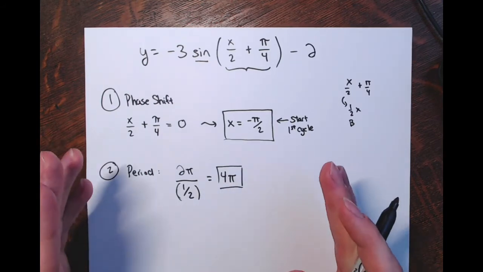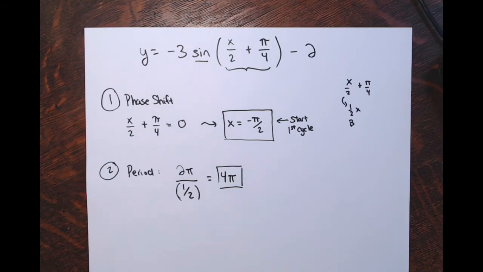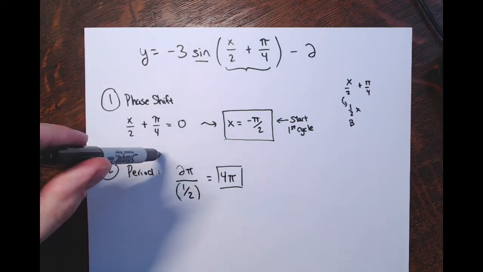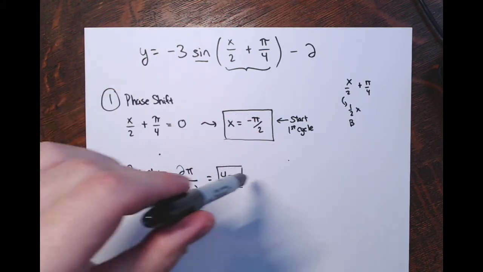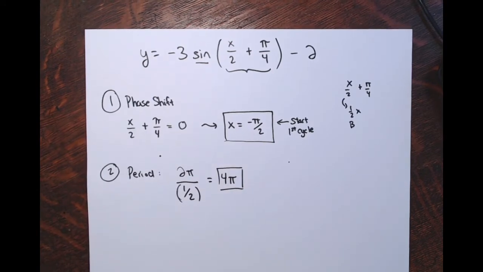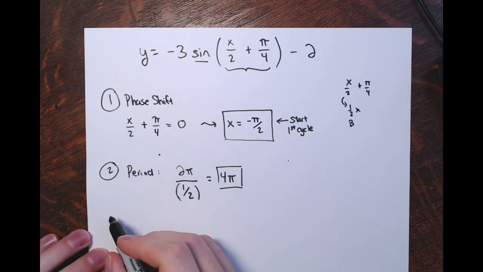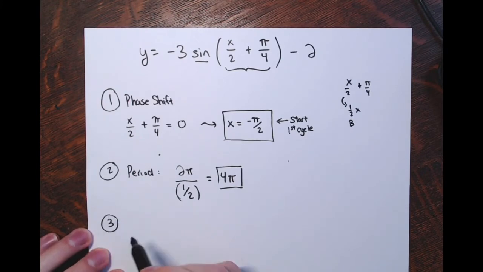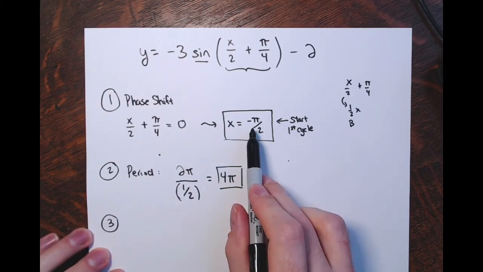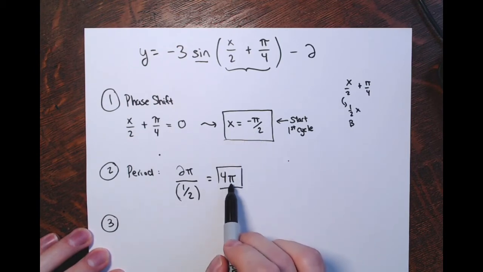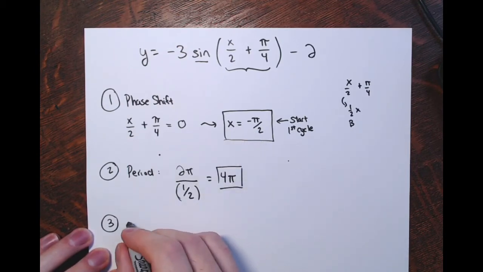So when I go to graph one cycle, the point at the beginning of a cycle and the point at the end of that cycle should be 4 pi units apart. All right. Then, I've determined where I'm starting the first cycle. Just add the period on to tell me where the end of the first cycle is going to be.